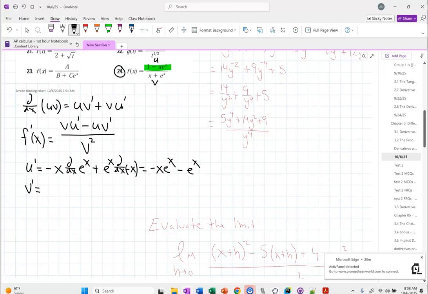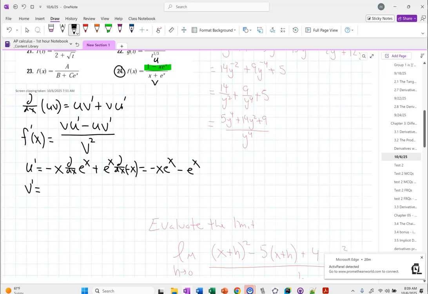So you have to be careful on the quotient rule where the order in the numerator really matters because subtraction is not commutative. Product rule, however you want to write it, just as long as you have one thing times the derivative of the other and then switch them plus, you're good. So far so good?